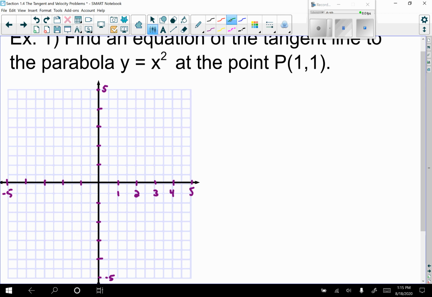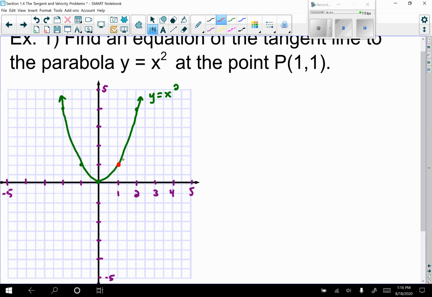Okay, so when I go to graph, 0, 0 is the vertex of this, over 1, up 1, over 2, up 4. So we have our parabola here. And this is y equals x squared. So here's our point 1, 1.